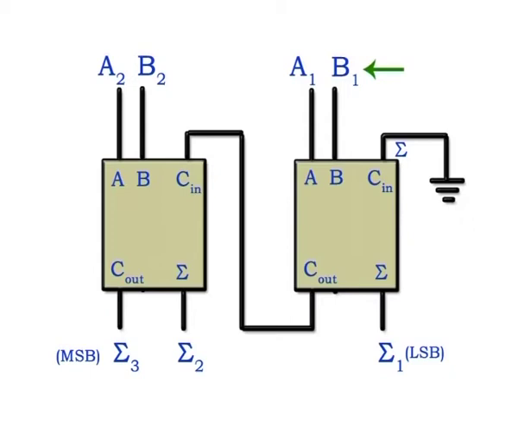The next higher order bits are represented by A2 and B2. The three sum bits are sigma 1, sigma 2 and sigma 3. Notice that the output carry from the leftmost full adder becomes the most significant bit in the sum, that is sigma 3.